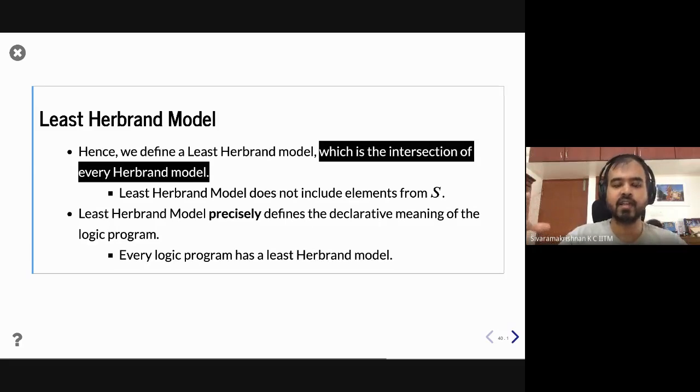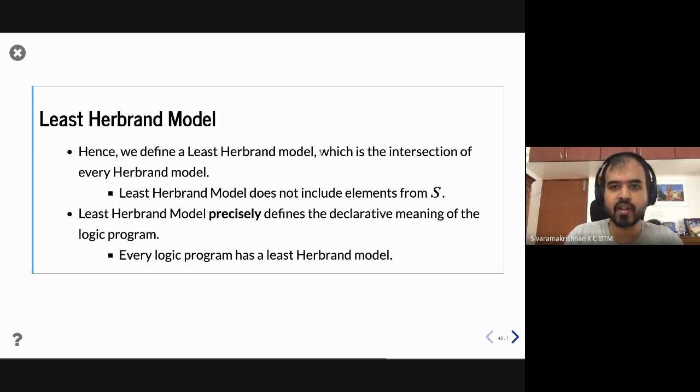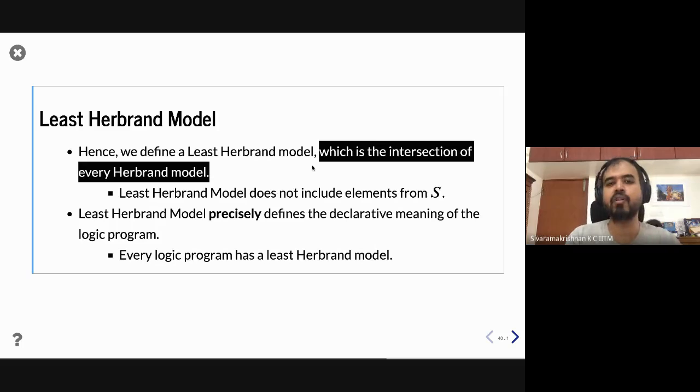If you take all of these Herbrand models, where arbitrary things can be present according to the rules, and take the intersection of all these sets, the set that you get is the smallest one. We call this the least Herbrand model. So we throw away all these nonsensical things from the Herbrand model, and we get the least Herbrand model.